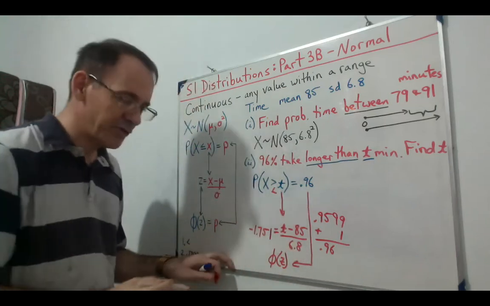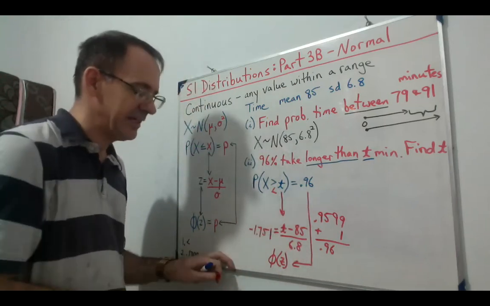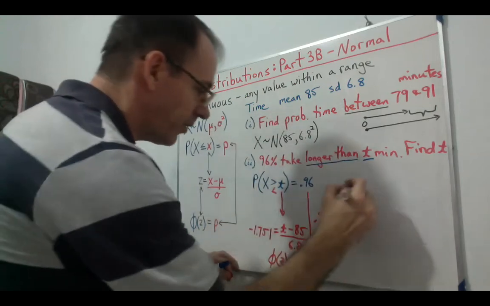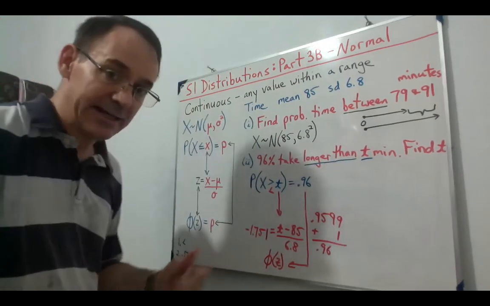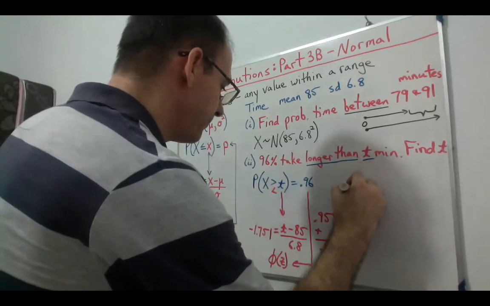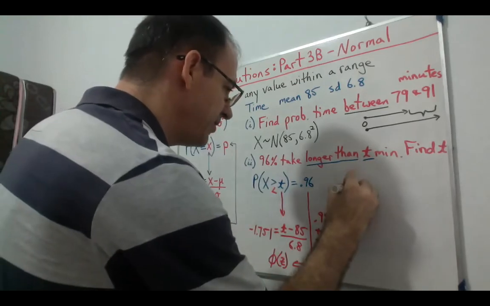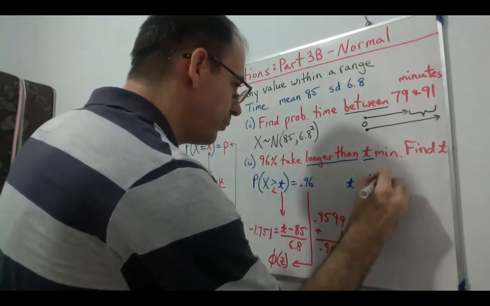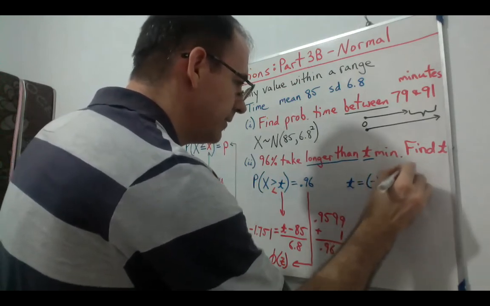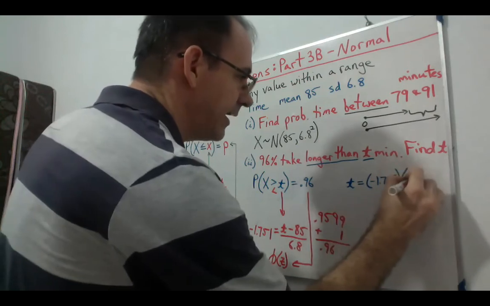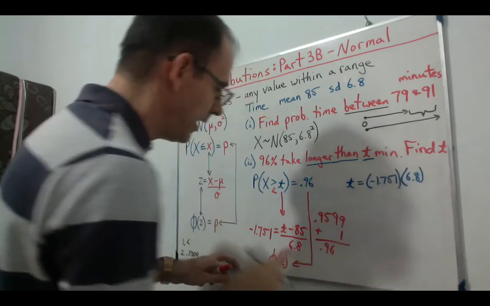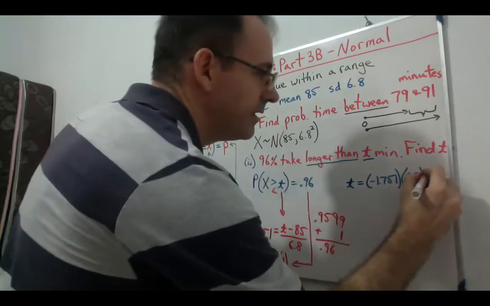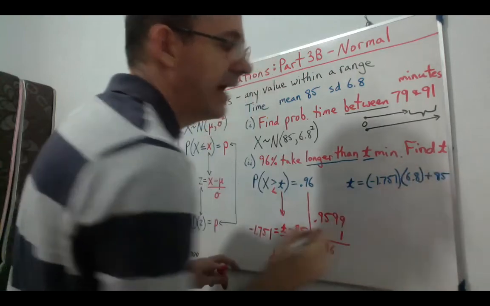So this is what we're solving for here, the t. If I solve for t and write it in an algebraic statement over here, we're going to have to multiply. T is going to equal the negative 1.751 times 6.8, and then we need to add the 85.